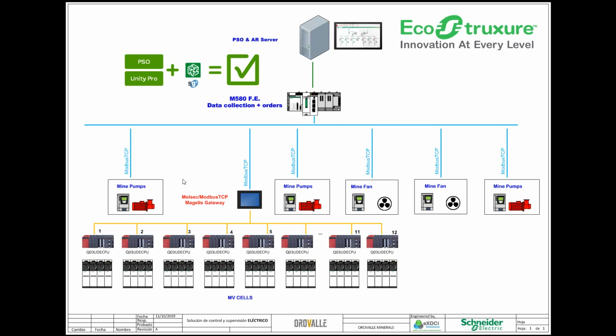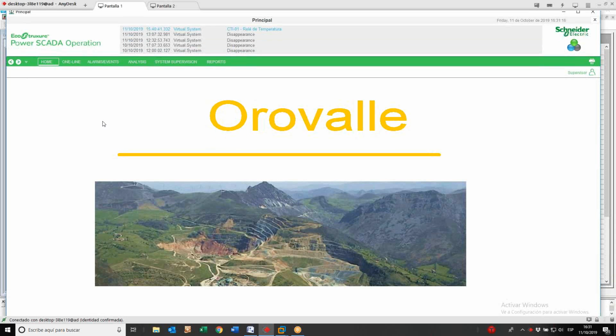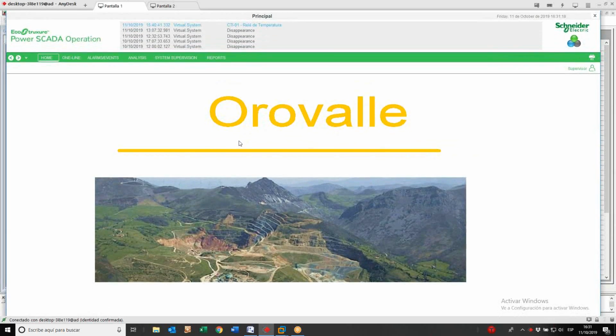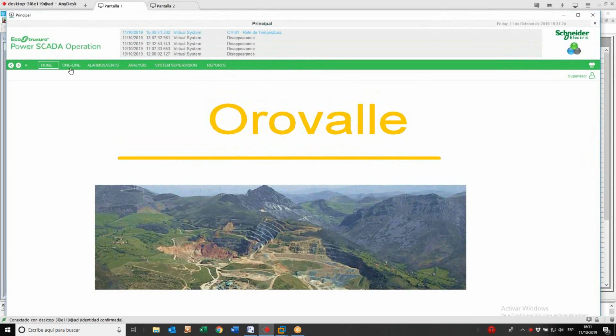What we are working on right now is in the SCADA, and that's why I will show you. This is the project that we are working on. This is the mine, Orovalle mine, and this is the SCADA. In this case, we have the one line diagram.